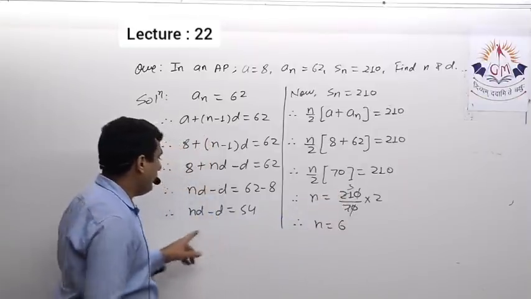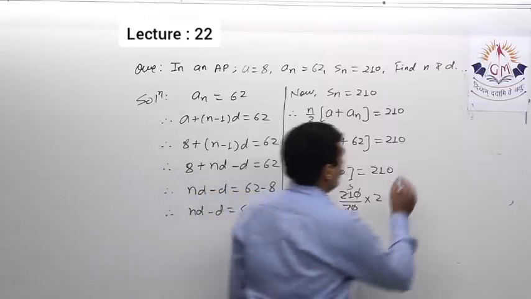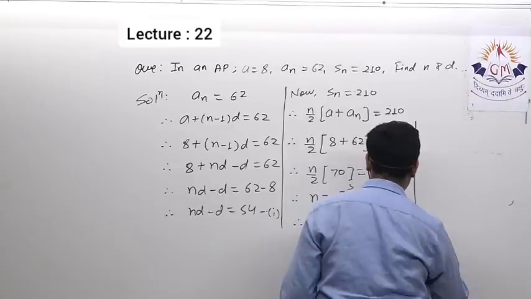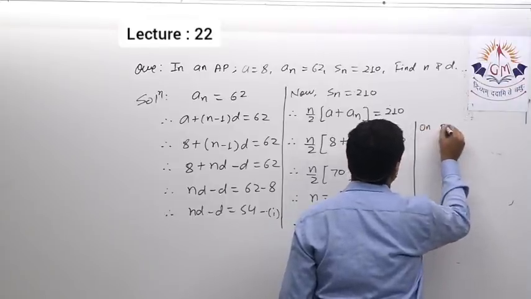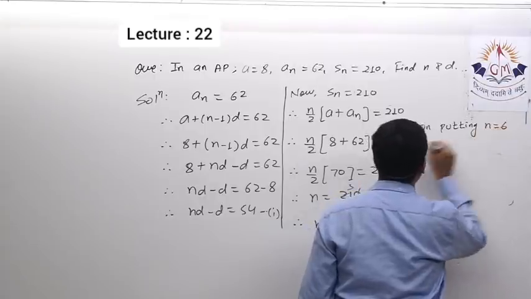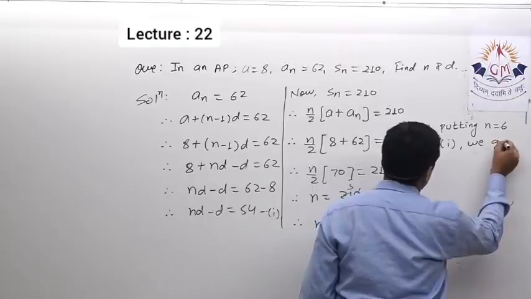Now if we put the value of n over here, definitely we'll get the value of d. So let us see this part. On putting n is equal to 6 in the first relation, what do we get?